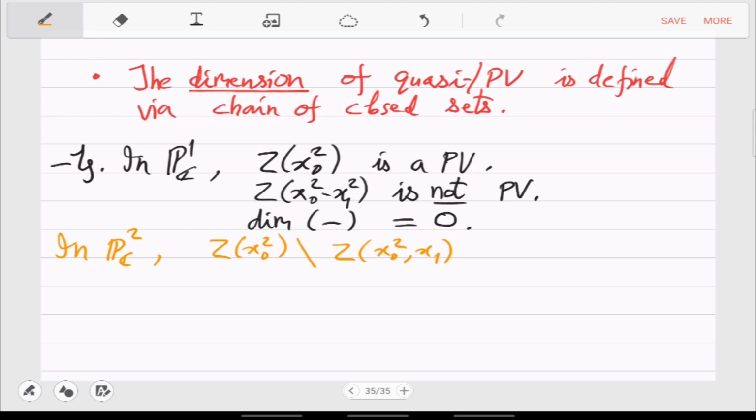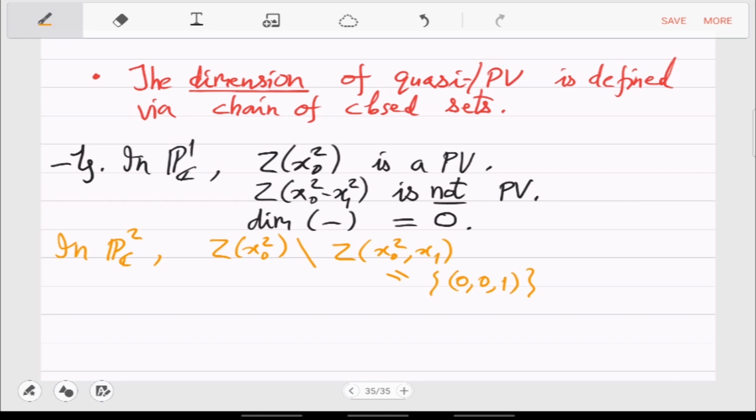There are 3 variables, x0, x1, x2. So what is Z(x0 squared)? Here x1 and x2 can be arbitrary, so there are many points. In the second one, you have already set x0, x1 to 0. So what do you do with x2? You can only set it to 1. This is a singleton.